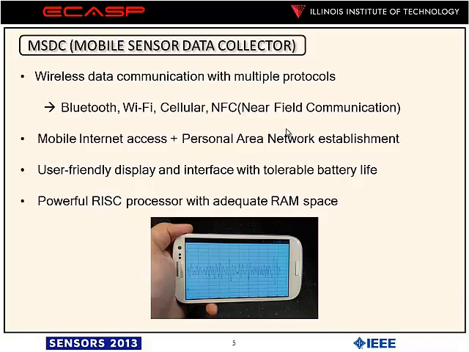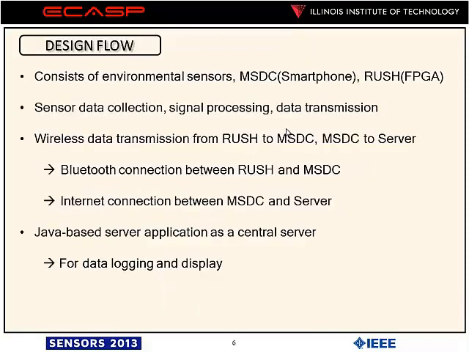But in this particular paper, we only use the smartphone as a gateway to connect to a central server location, so that we can use the internet connection and share all the analyzed data from the RUSH platform, which is the FPGA I just told you about. On the server side, we can do much more extensive data analysis, and that PC will have more processing capability.